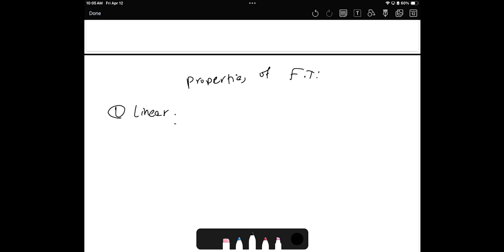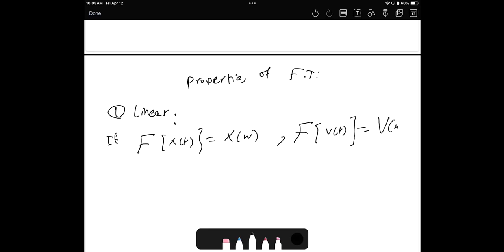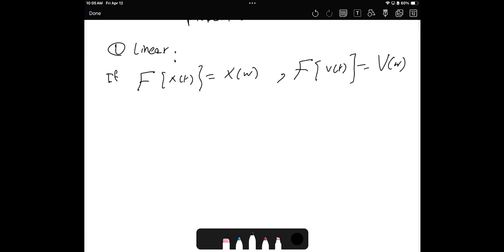Linear means if we assume the Fourier transform of x of t is equal to X of omega, and the Fourier transform of v of t equals V of omega, keep in mind that when you convert into the frequency domain, either Fourier transform or Laplace transform, it is called the frequency domain. Both of them are frequency domain, so they must be uppercase. So x of t from lowercase will be X uppercase of omega, and v of t will be V uppercase.